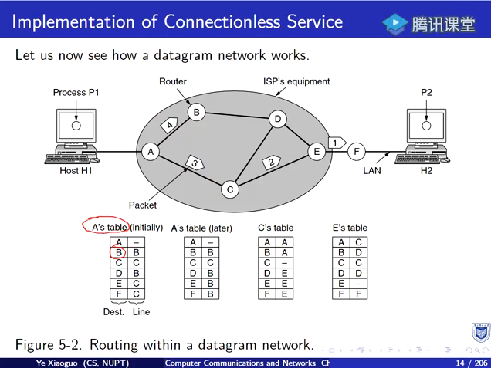For A's table, if a packet arrives at A and the destination is B, the next hop is to B. If the destination is C, to C. If the destination is D, to B. If the destination is E, to C. If the destination is F, to C. That is what the routing table tells us.